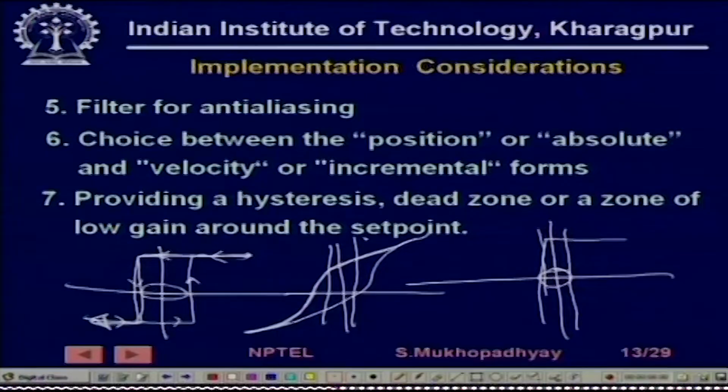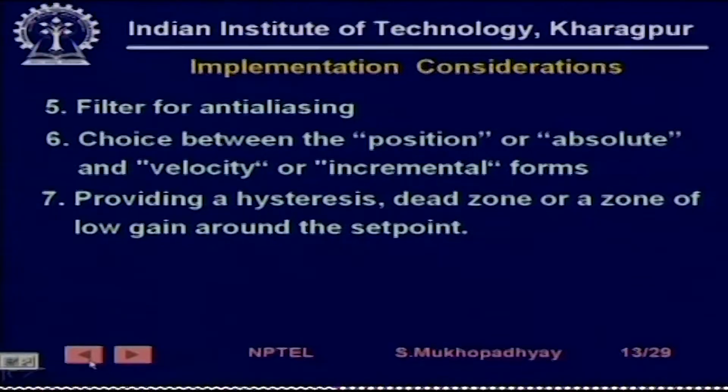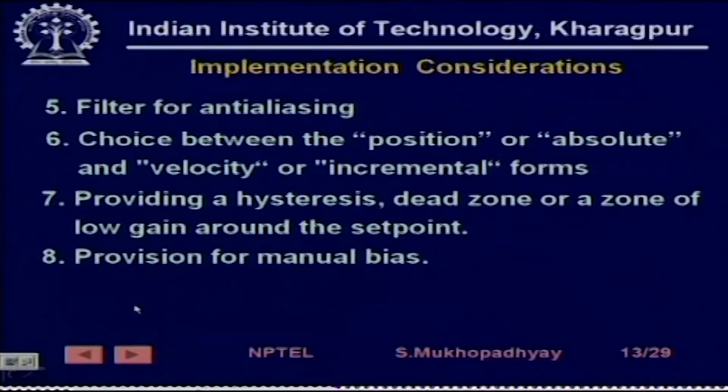These things can be done to avoid noise, because maybe you can actually tolerate that much error, and otherwise the actuator will unnecessarily be moving all the time because of noise. For some actuators this may not be good.